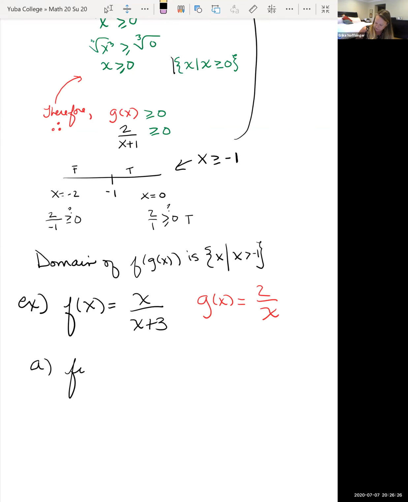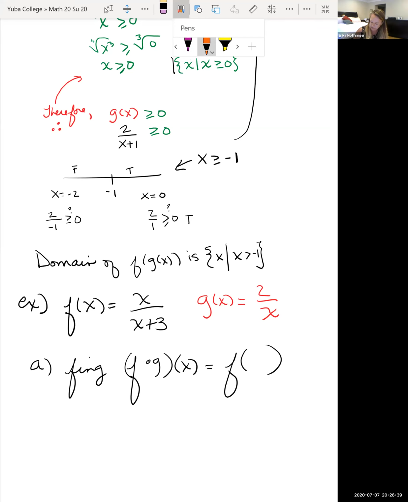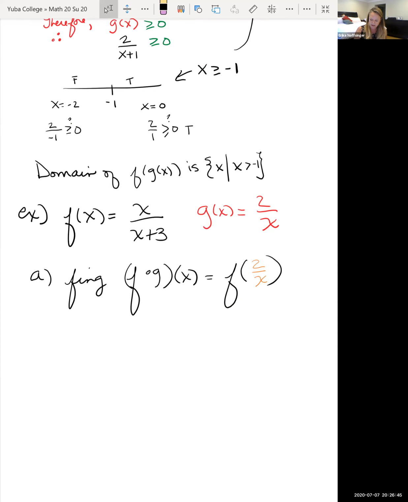So let's first look at f of g of x. So this is saying, let's look at f of 2 over x. So wherever we see an x in f of x, we're going to replace it with 2 over x.